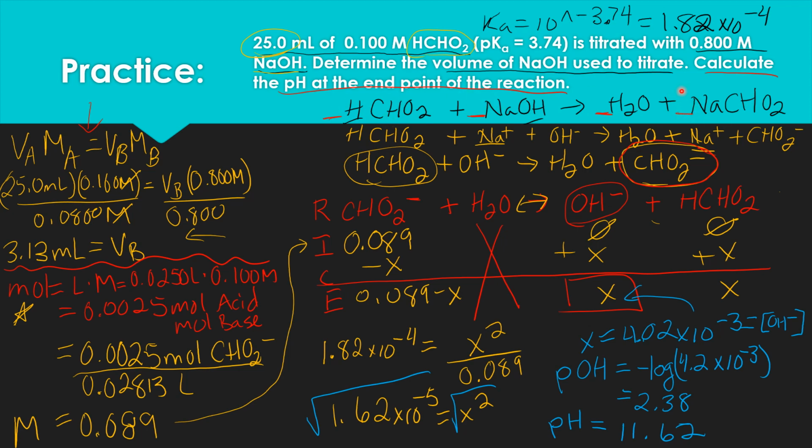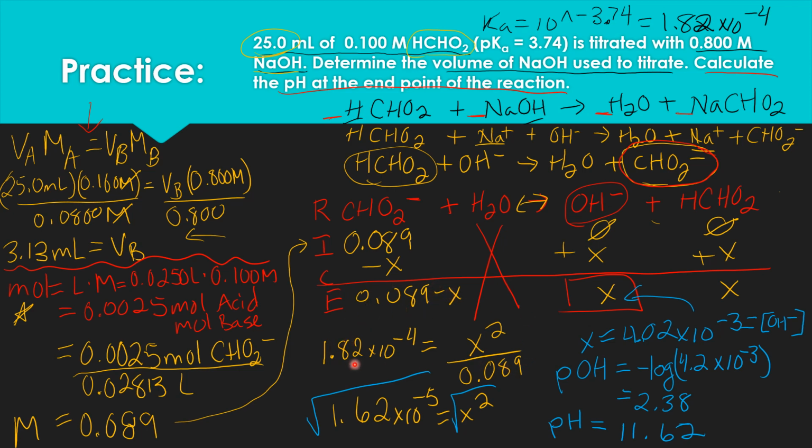We get 1 mole of the product, and divide it by the new total volume. So we had 25 milliliters plus 3.13, so we had our new total volume. We get our new molarity of that and plug that in. We don't start with any product, so we're going to add to the product side and subtract from the reactants, and then we're going to plug it into our K expression.